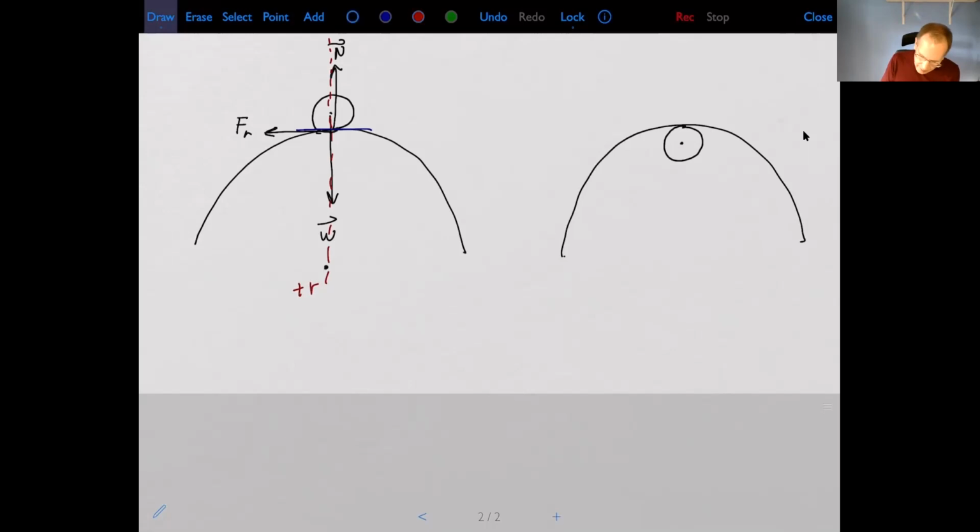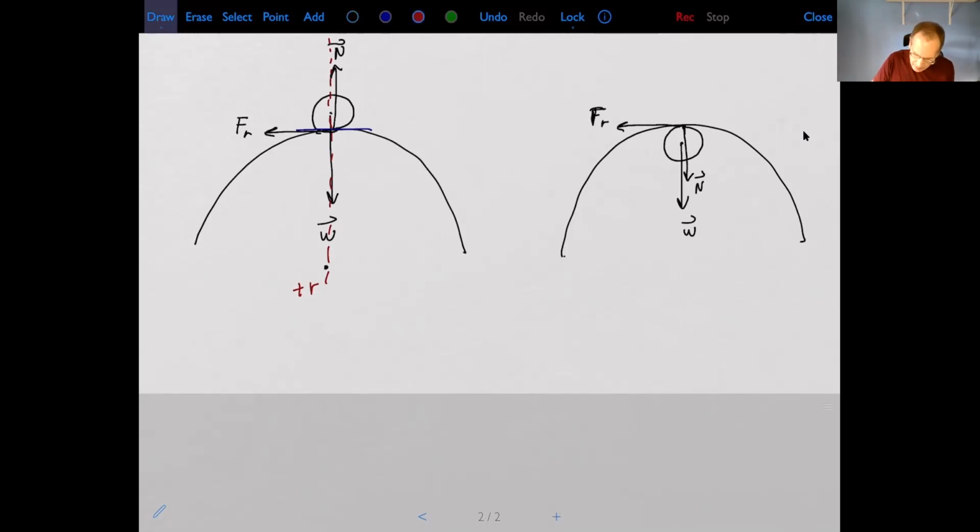Okay, and on the other picture, I have the same situation, except here, the weight acts down, towards the center of the earth. The normal force also acts down. There could be a rotational frictional force.